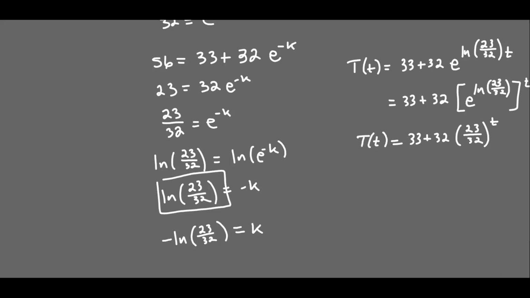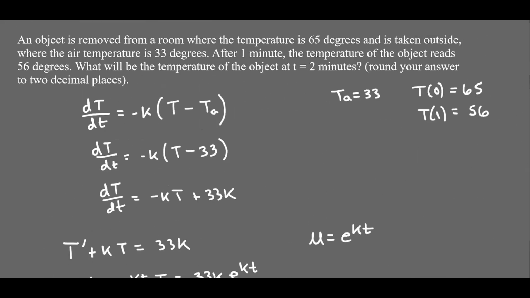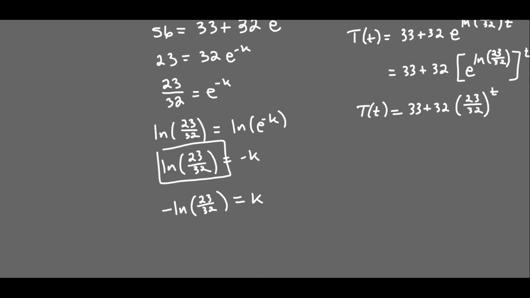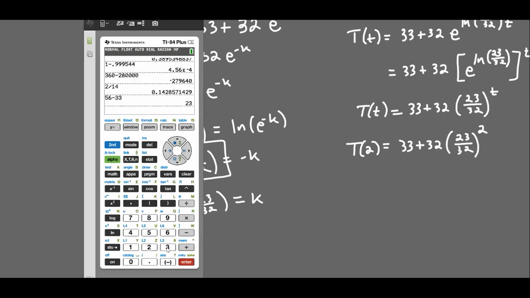All right, so the original problem asks to find the temperature after 2 minutes. So we're just going to plug in 2 for little t. And then now I can approximate this.